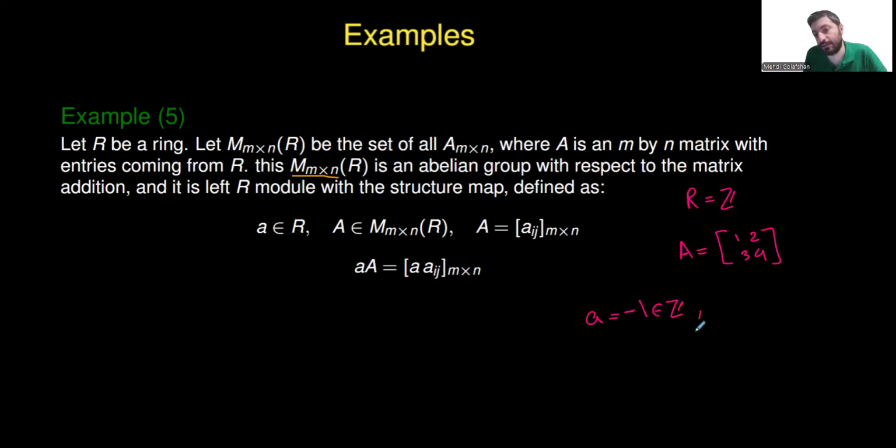In this case, -1 times A means you only need to write the additive inverse of each element: -1, -2, -3, -4. That's it. This is also an m by n matrix, and with respect to this scalar multiplication of matrices, it is an R module.